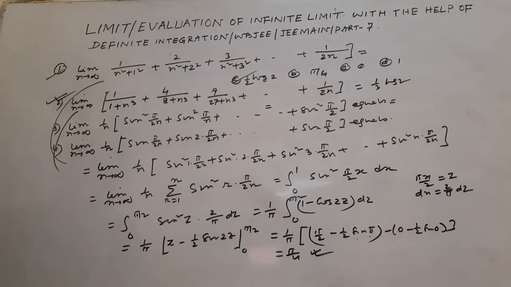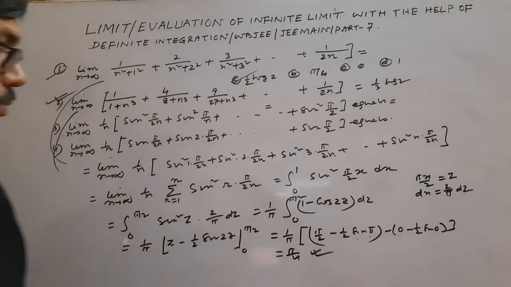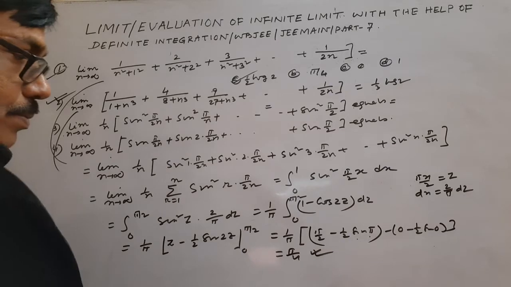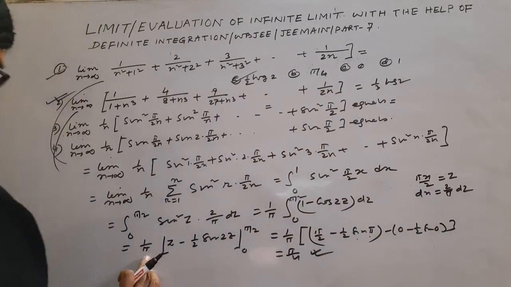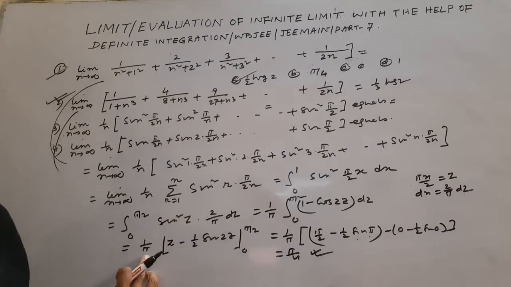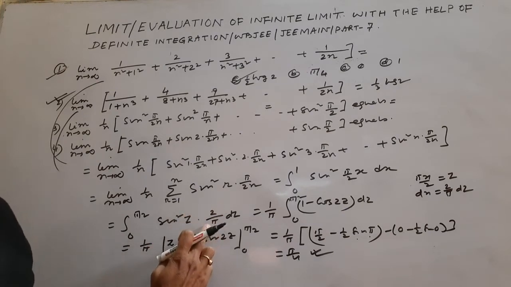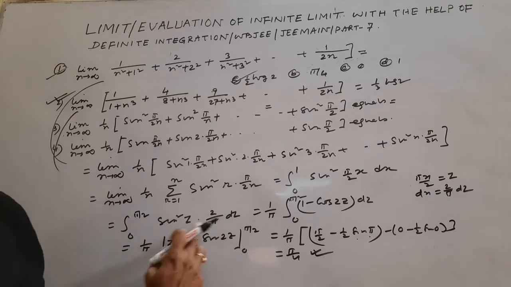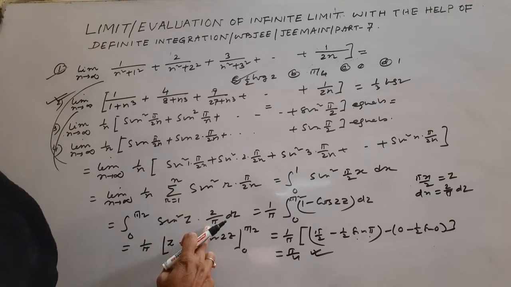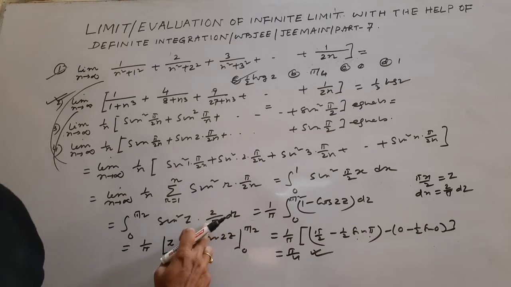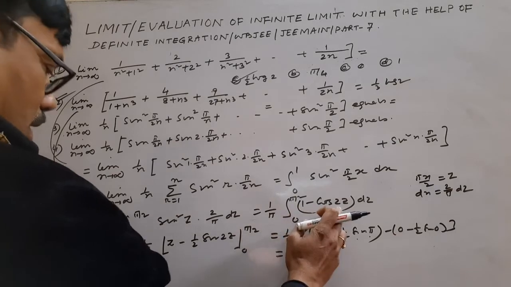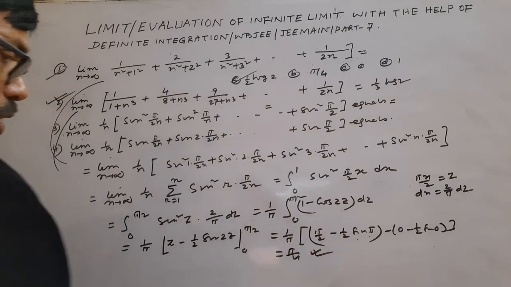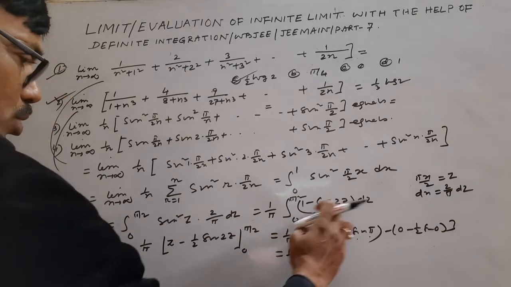So let us verify again. So this is pi by 2 and this is 2 by pi. This is 2 by pi. So 1 by 2 sine square this. So 1 by pi. This is 1 minus cos 2z.